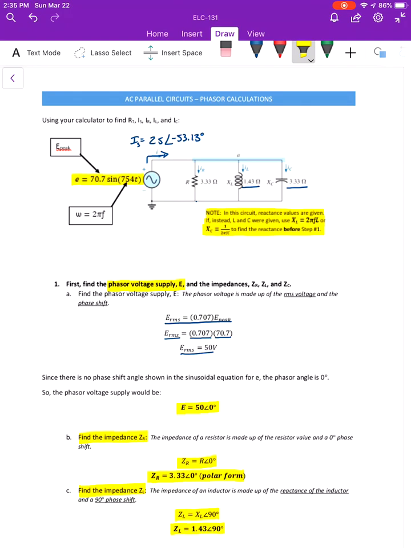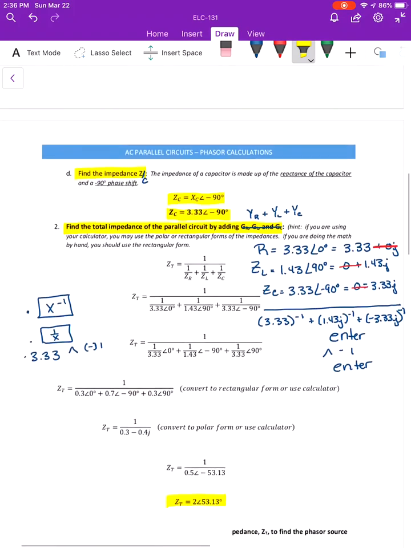So we know that the phasor voltage that we found here is going to be the voltage across our resistor, the voltage across our inductor, and the voltage across our capacitor. So we're going to apply that using Ohm's law to find the current through each.